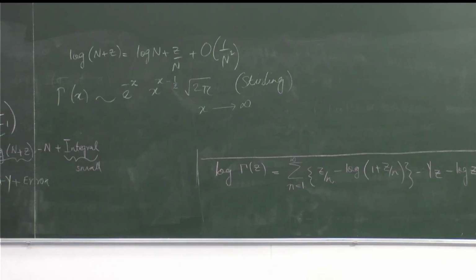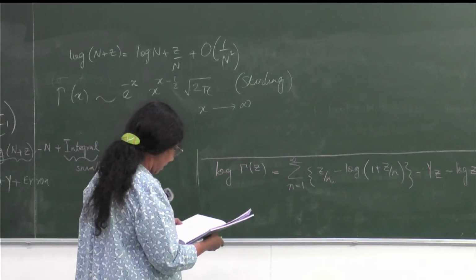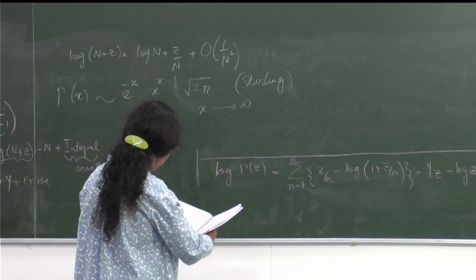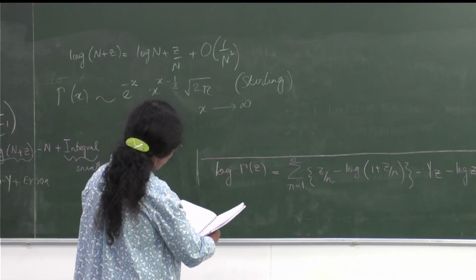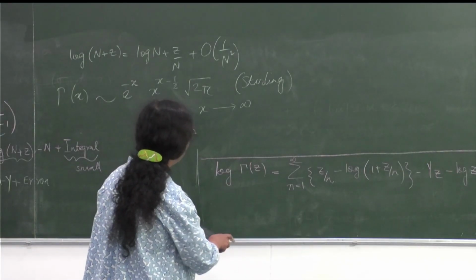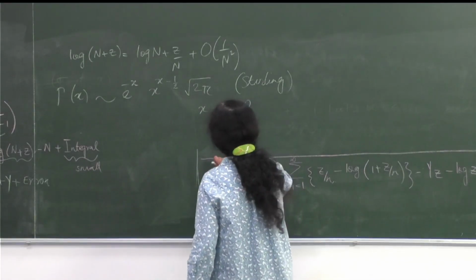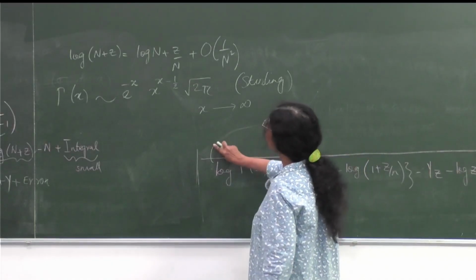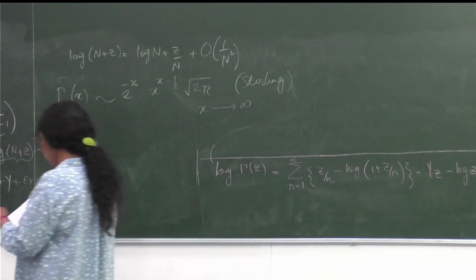Is there anything else we will need for proving this? Yeah, there was another one I asked you to prove. That was gamma prime by gamma. If you differentiate this one, the exercise was here on the board, but I've removed it.